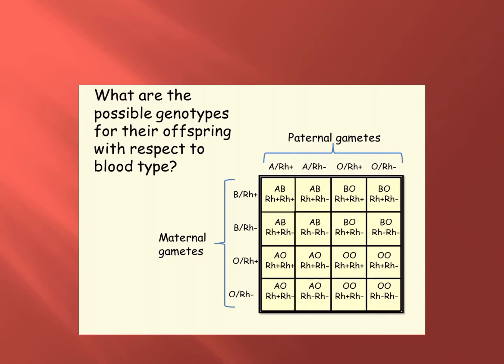And so if we look at the father, all right, so remember we said dad was IAi, and he was Rh positive, but he did carry that negative phenotype. And so we have to figure out then, what are all the possible combinations? And so this is where basically we go ahead and we start crossing them.